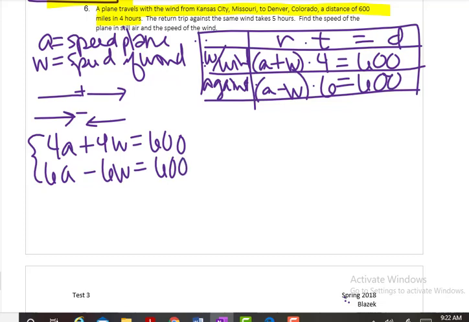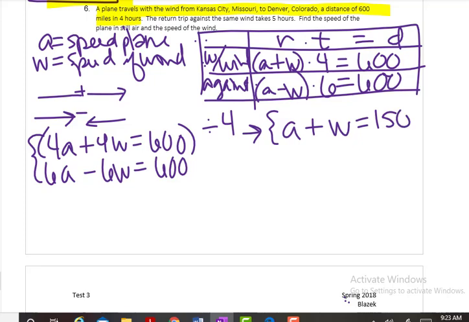Now I can multiply, but I can also divide. And I want to show you that if I divide by a common factor, I'm going to divide everything by 4 because then I get a nice A and I get a nice W. Okay, so let's take a look at that. I get A plus W, and then 600 divided by 4 is 150. And in the second one, since A and W have the same coefficient, I'm going to divide by 6.